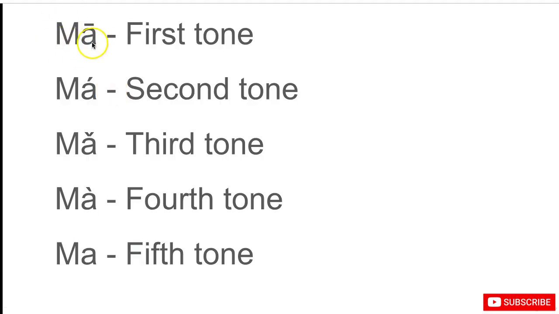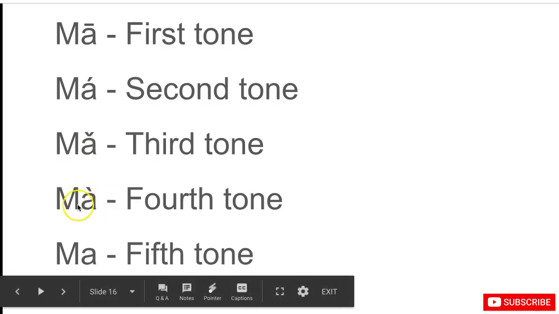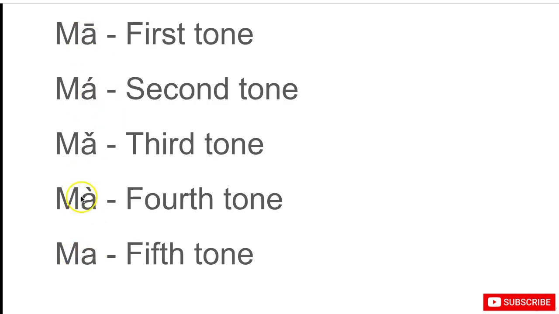Can you pronounce this? How do you pronounce this in Chinese? Ma, and this one goes for what? Ma. This one goes like really. So ma, ma. Can you remember this? This one goes like damn, ma. And this one goes like ma, ma.